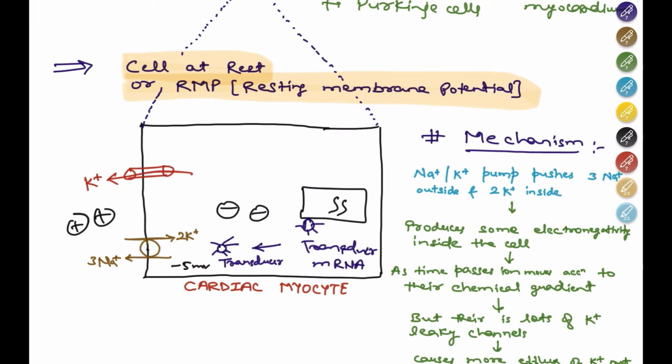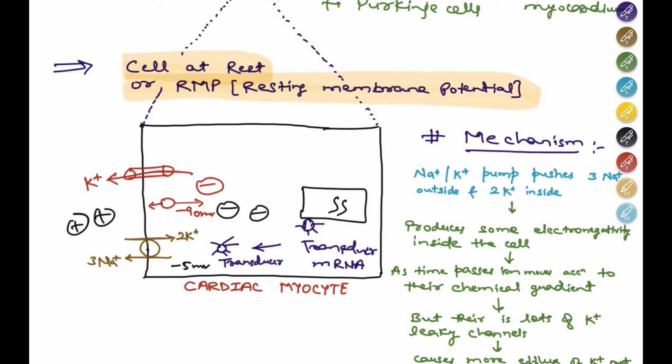So it forms more electronegativity inside. A time comes when the concentration gradients of the outward moving ions and the inward moving ions are equal. They are in equilibrium. So it is about 90 millivolts.